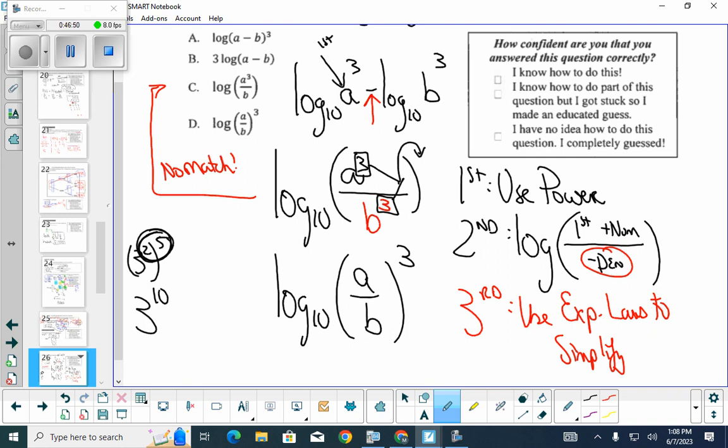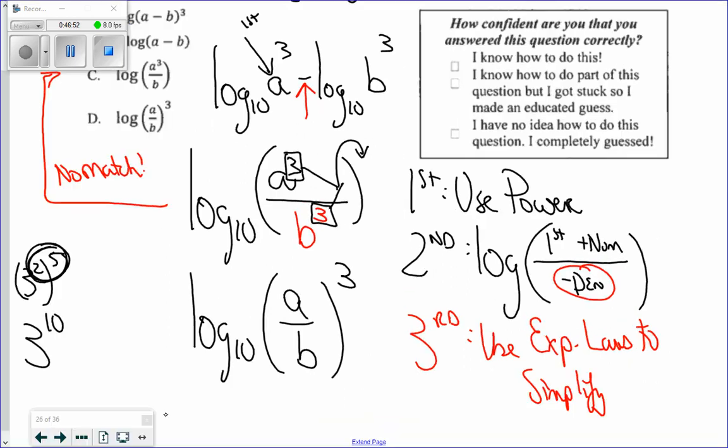Because if we were to go in reverse, you would do a to the power of 3, b to the power of 3. And then now we're right back to where we started. Now this one matches that.